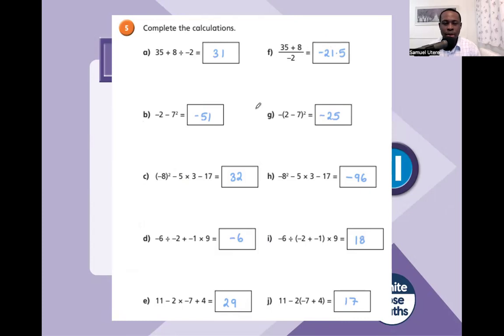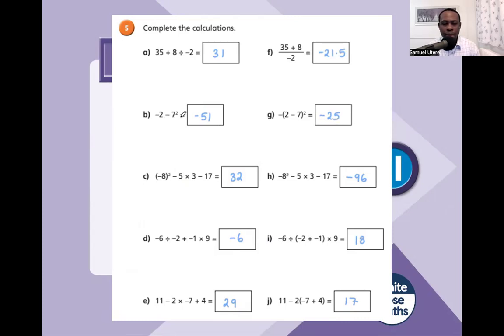So I'll just make a comment on some of them really quickly. Here you'll have to do the bracket first before you do the index. So 2 subtract -7 is -5. -5 squared will give you 25, but don't forget there is a negative multiplying it, which will give you -25.